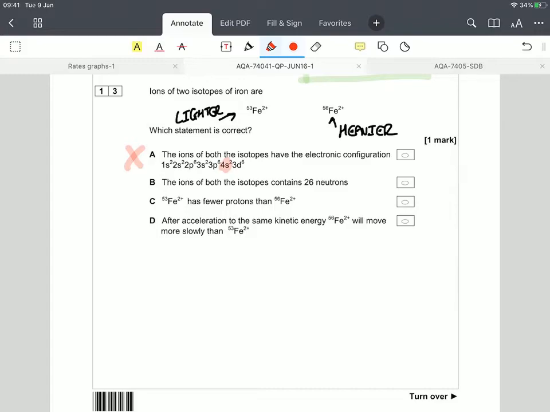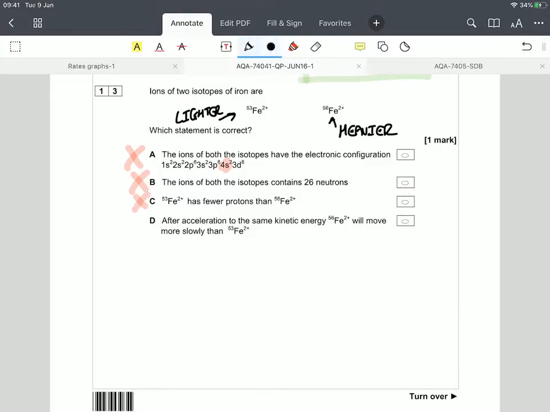If iron is the same element, and it's got isotopes, the definition of isotopes is atoms of the same element with the same number of protons, that's a key part of the definition, and a different number of neutrons. So, gone, no. For the same reason, C doesn't make any sense, because if they're both iron, they must have exactly the same number of protons, because that's what makes iron iron, right? So that can't be right either.